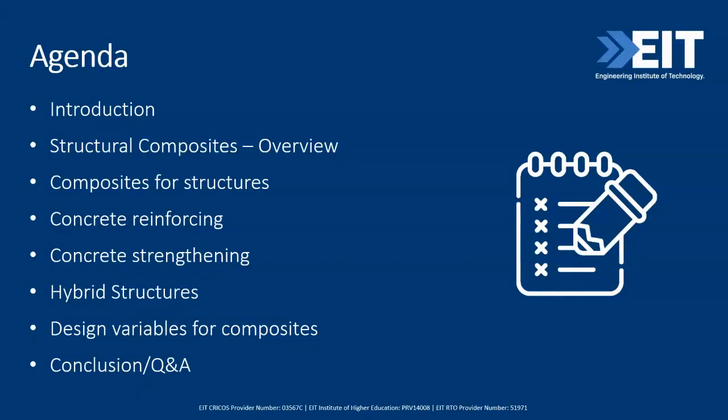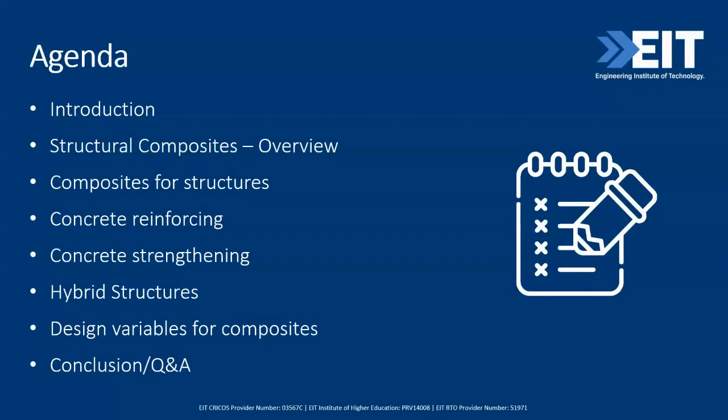I will first introduce the structural composites. Then we'll discuss some properties and how they work. Then we will see how they can be used in structural engineering. We will discuss concrete reinforcing.